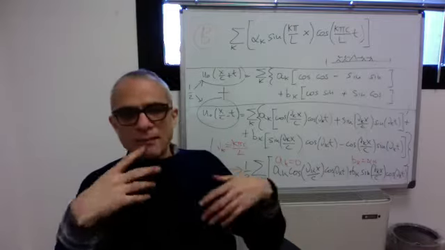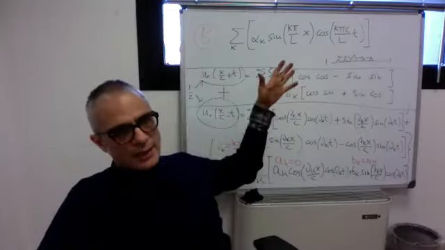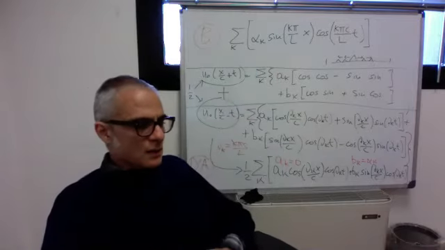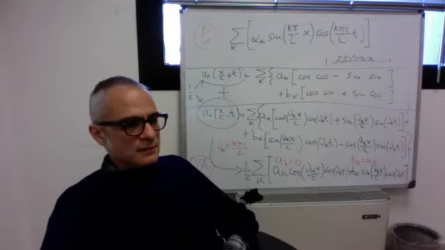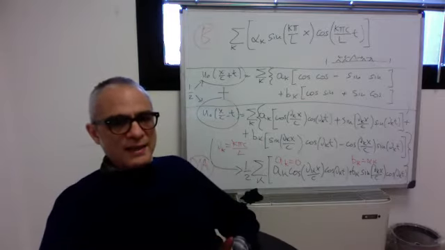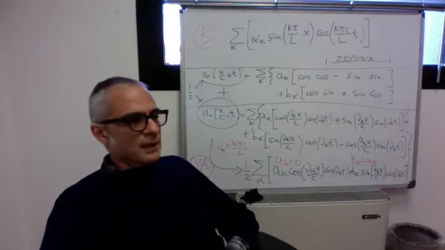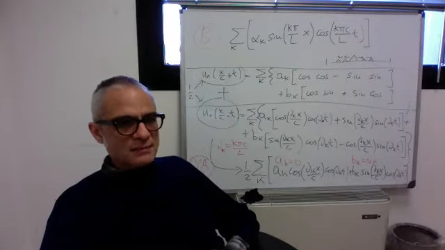You do all the math, you solve the equation in a way that's conceptually not so different from what we've done here. And again, what you see is that only a discrete spectrum of frequencies is allowed, can be observed.